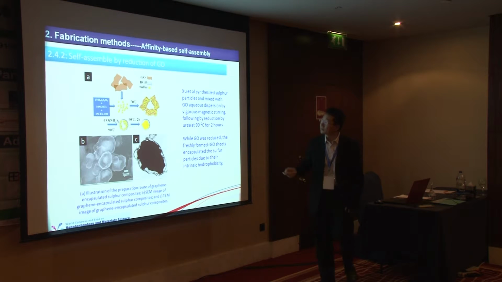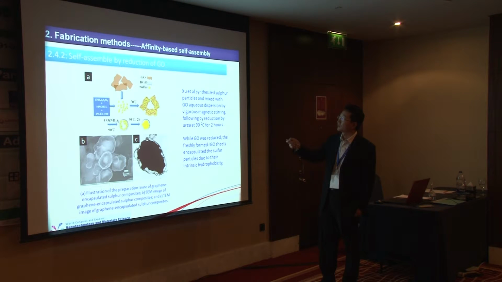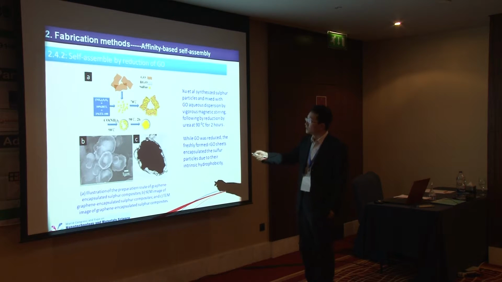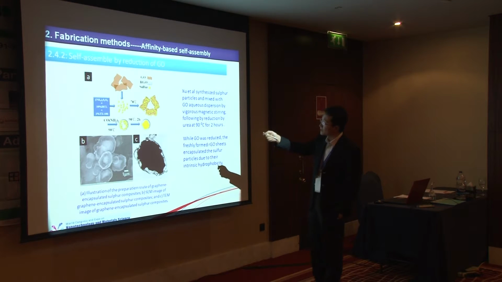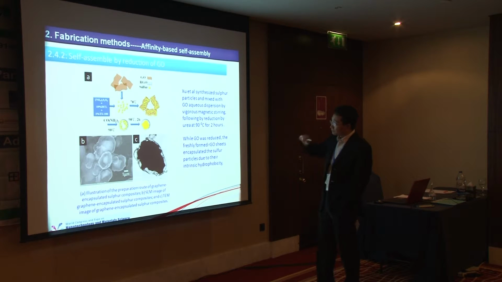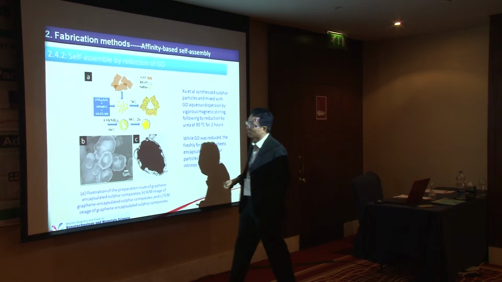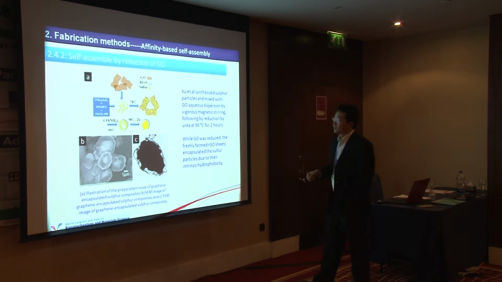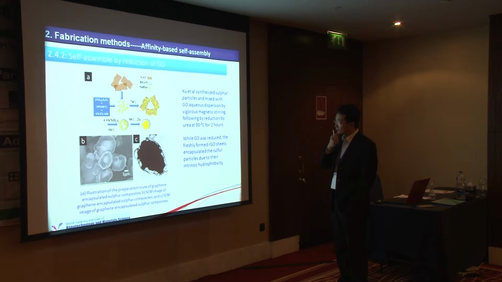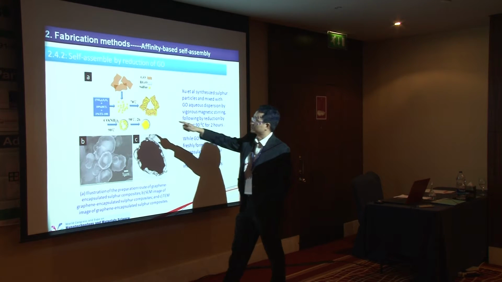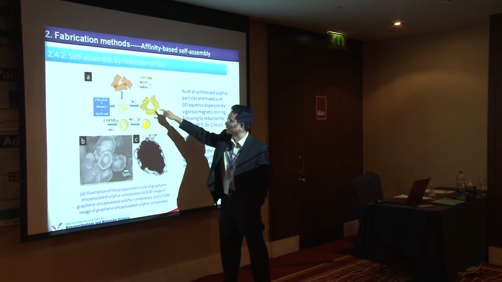So here is another self-assembly method by the reduction of the GO. It is similar to the previous one. So here is the GO in this form, and by forming these sulfur particles, they can deposit on this one.